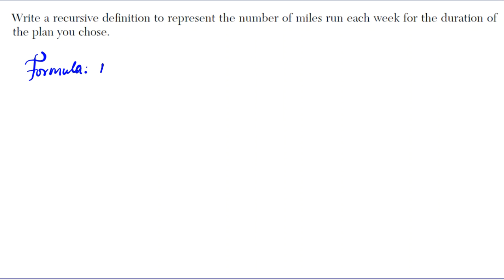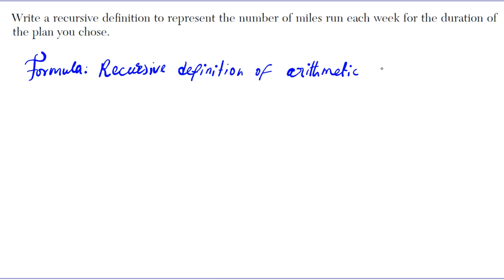This is the formula for the recursive definition of arithmetic patterns or sequences. Alright, so the formula is as follows. You have to start with the A1. A1 is the first term.